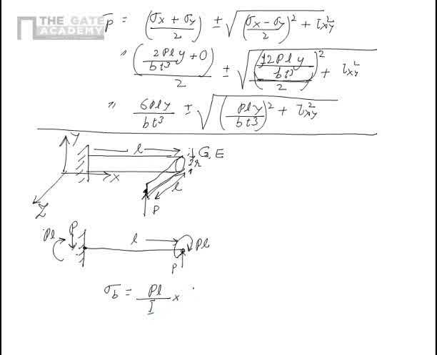The maximum stress will be at y equal to R, because the maximum y will be R. Now this can be written as PL upon, the I for a circular cross section is pi by 4 R to the power 4, multiplied by R. So that makes it 4 by pi into PL upon R cube. That is the maximum bending stress in the bar.